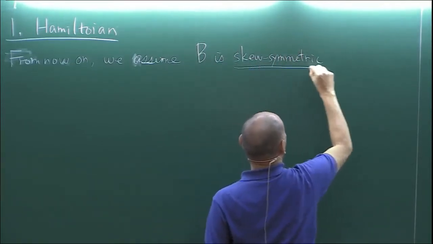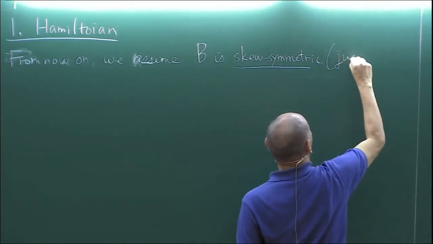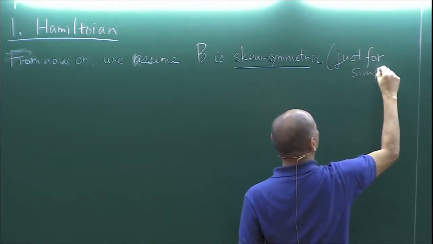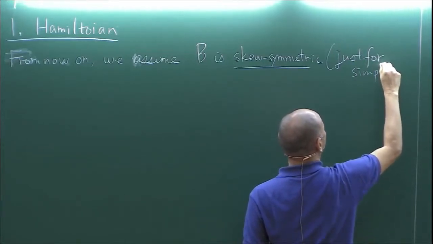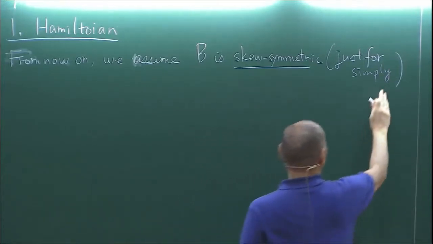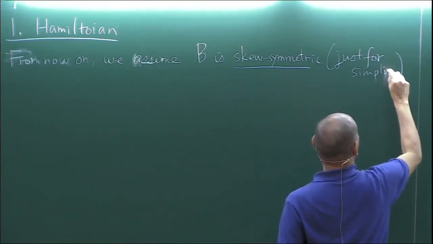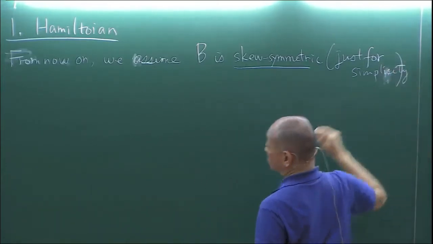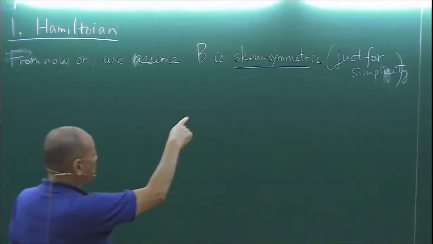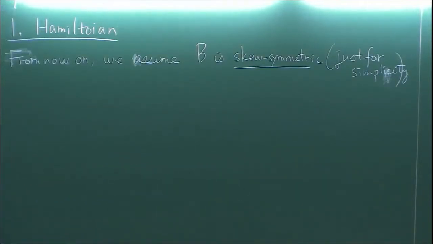Just for simplicity. In my talk today, I simplify many things, just to avoid technical complexity. So, for example, you don't need this term, but everything, including the general case, is written in my paper.